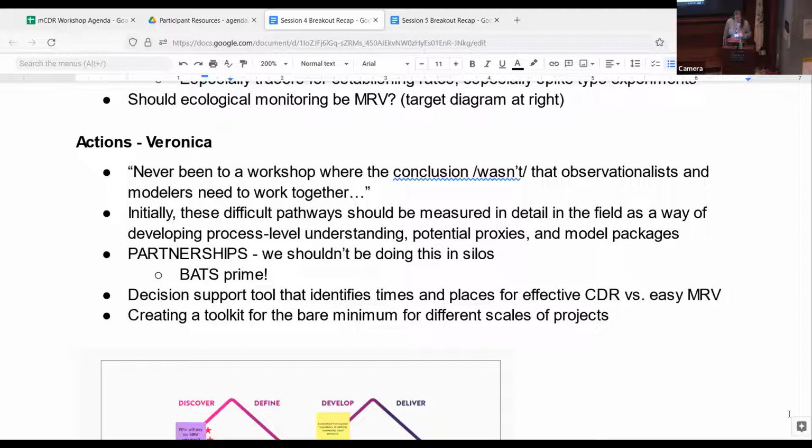And the final thing was creating some kind of toolkit or reference for what we think the bare minimum measurements are that need to be made. This will depend on the scale of a project. A small scoping project may have fewer requirements than a full field trial. So thinking about what those bare minimum requirements would be.